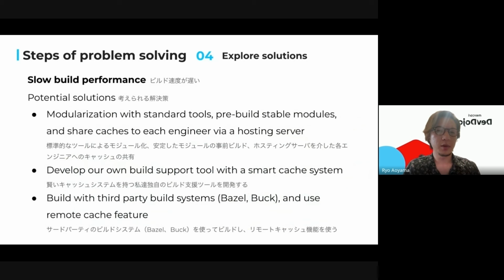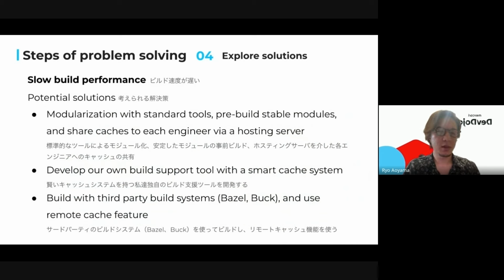So again, going back to this problem of the slow build performance, here are the potential solutions. One is having standard tools to modularize, and then we should pre-build stable modules among them and share caches to each engineer via a hosting server. The second one is to develop our own build support tool with a smarter cache system in place.